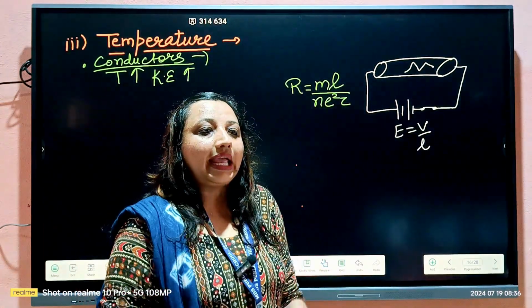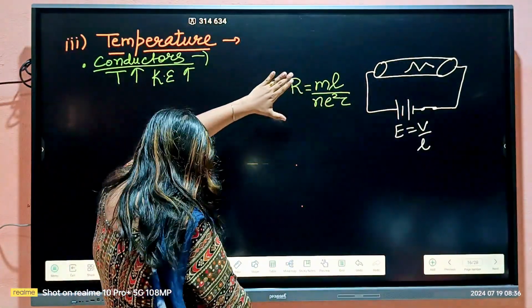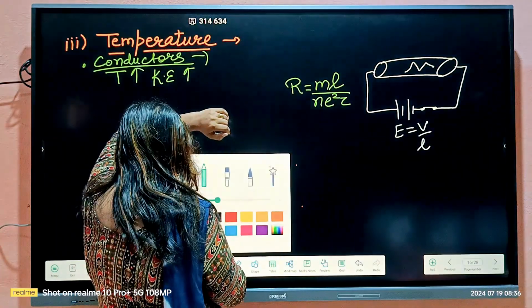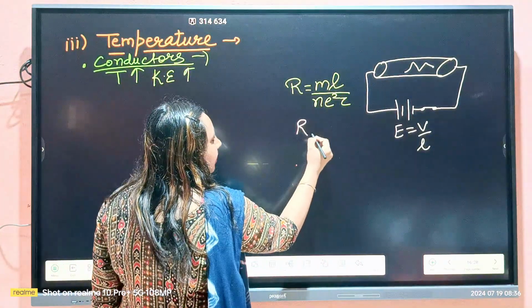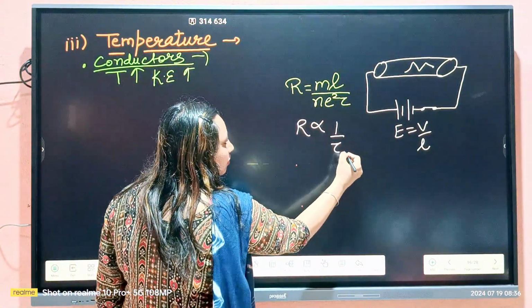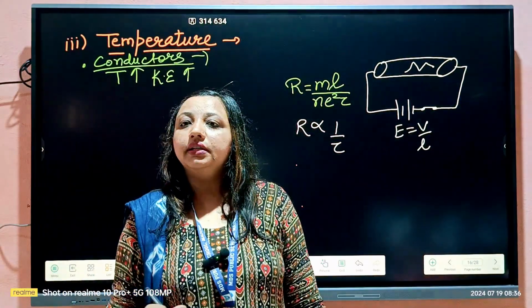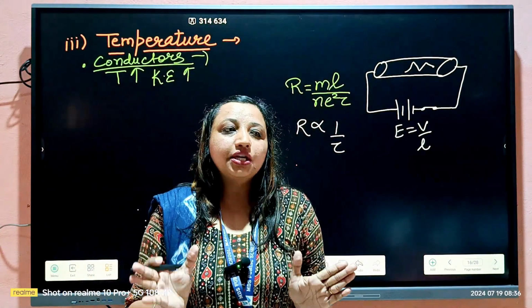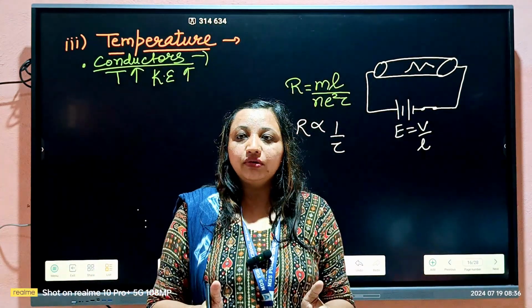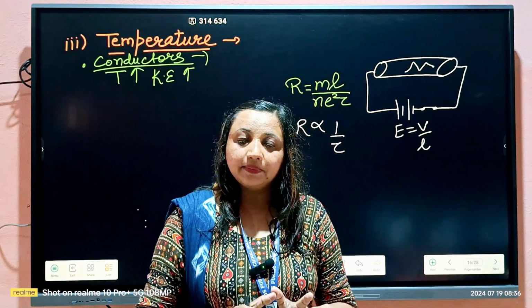This relation shows that R is inversely proportional to tau. What is tau here? Relaxation time between two consecutive collisions, right?